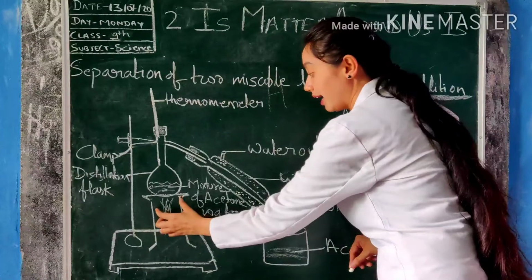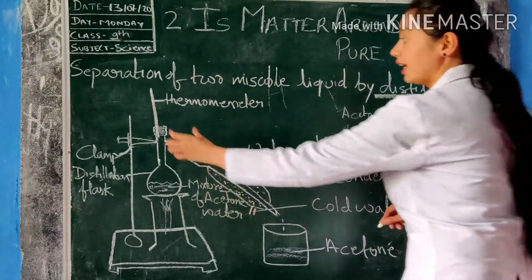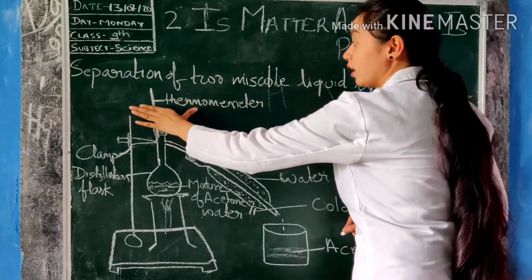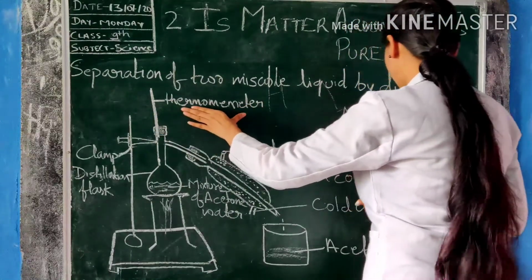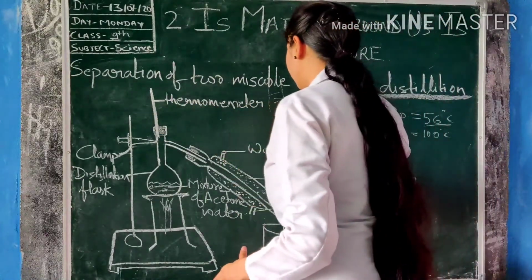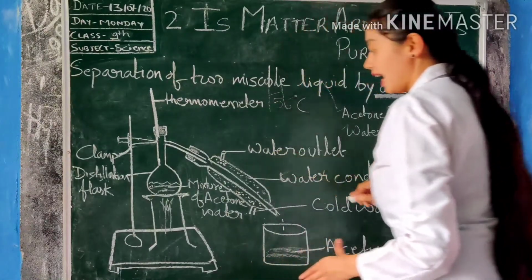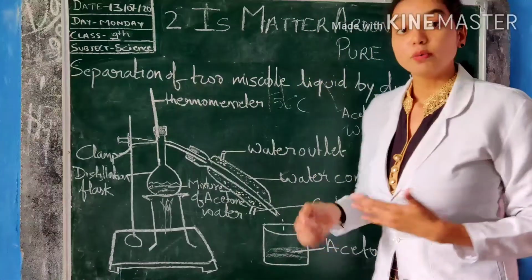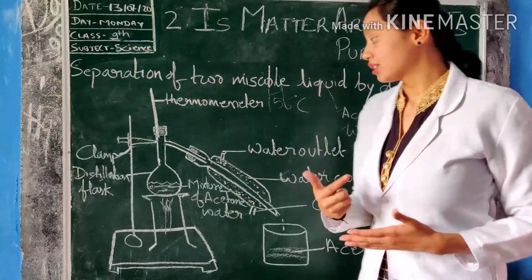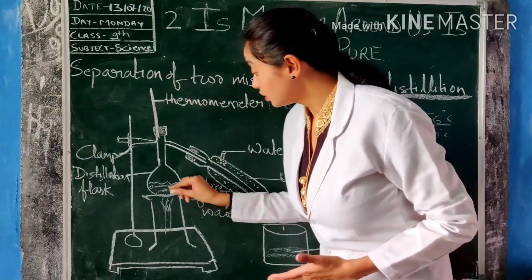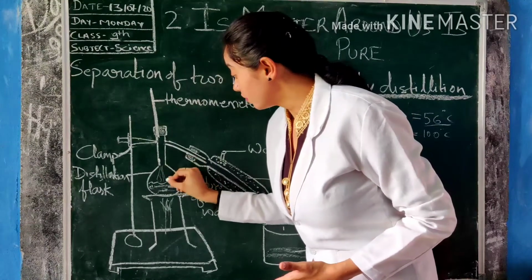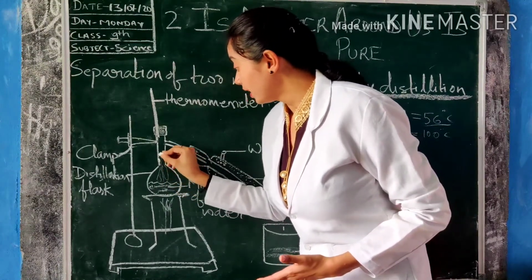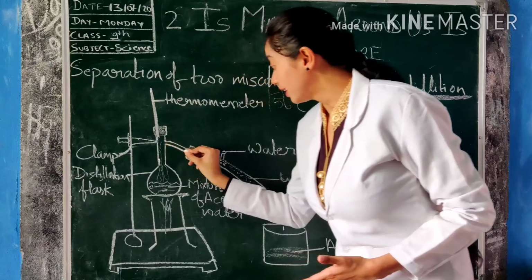We have fitted a thermometer here also, and the temperature rises till 56 degrees Celsius. Acetone boils up first, and after boiling it is converted into vapor form and starts reaching there.